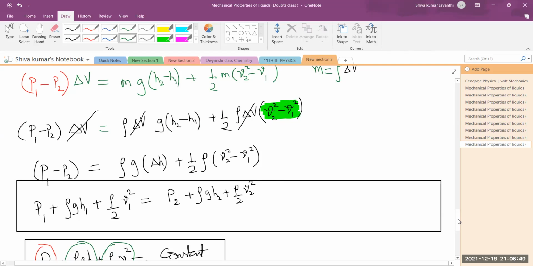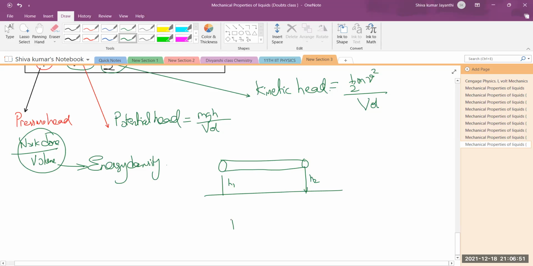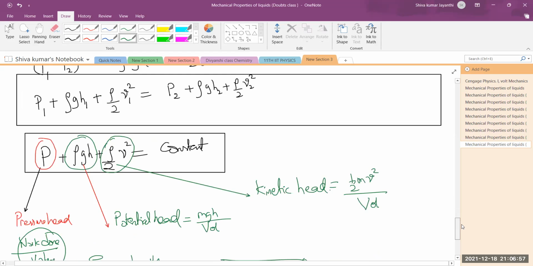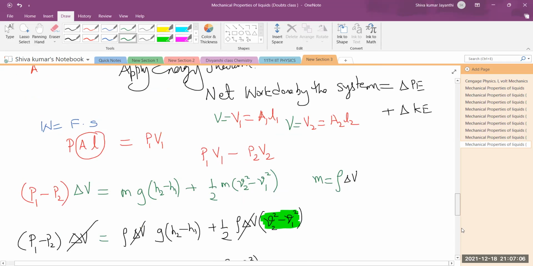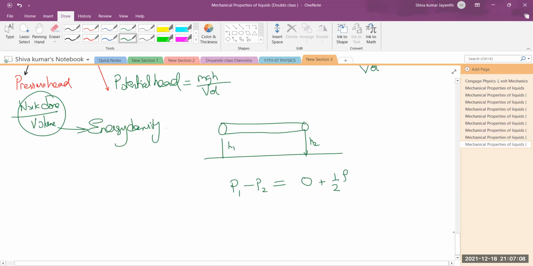The second term won't exist. Then what will you get? P1 minus P2 will come out to be, on that side, 0 plus kinetic energy, only kinetic energy. Isn't that obvious? The work done is equal to the change in kinetic energy. This is only the basic equation of the work energy theorem. The work done is defined as the change in the kinetic energies. Yes, this is the basic equation of the work energy theorem.